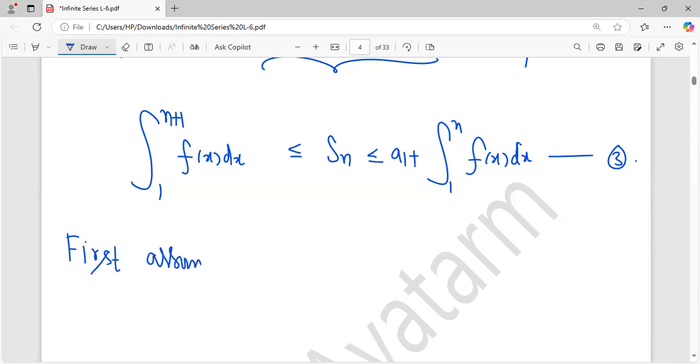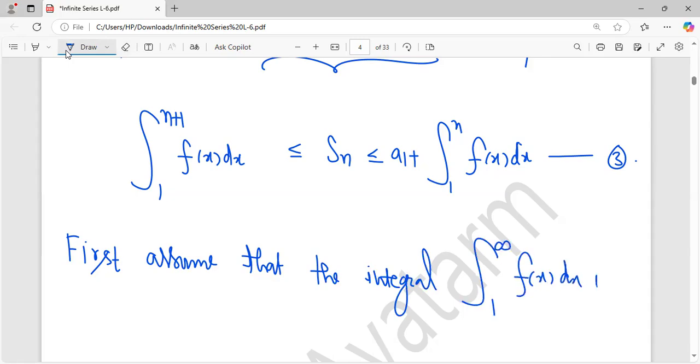Now, first assume that the integral from 1 to infinity of f(x) is divergent.